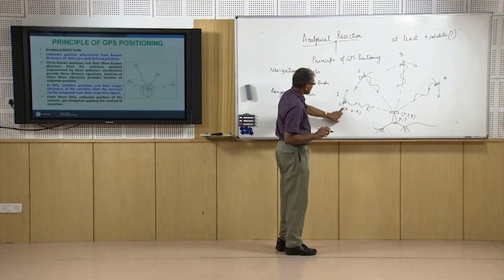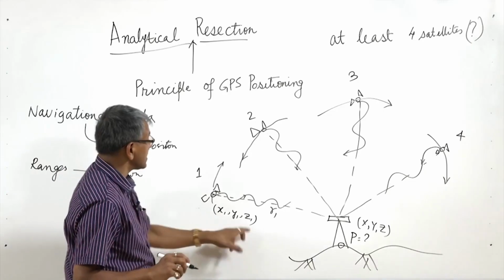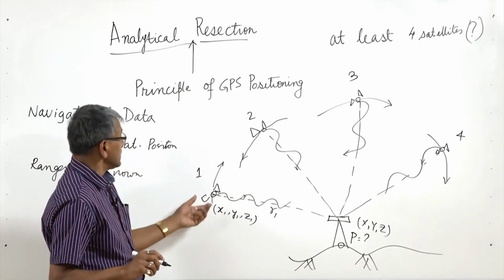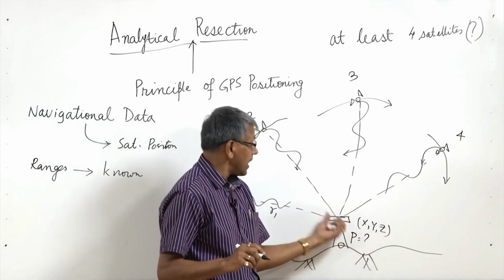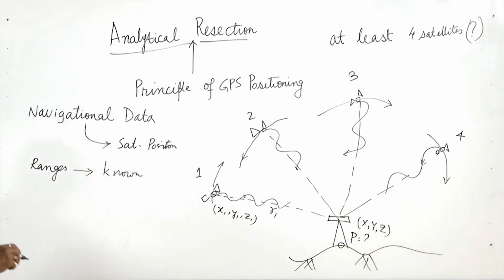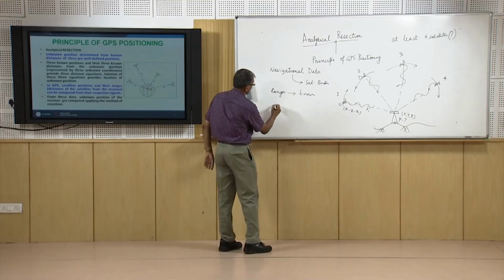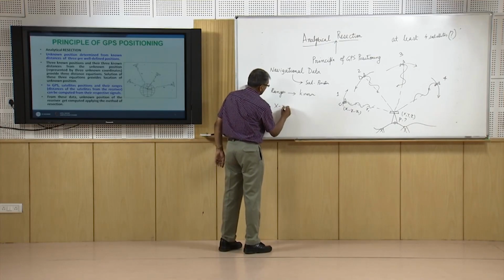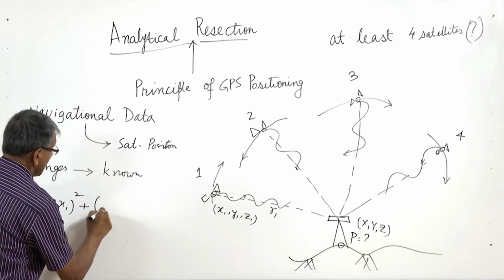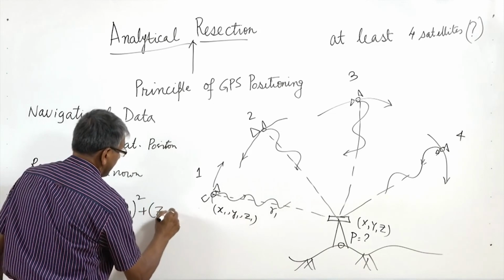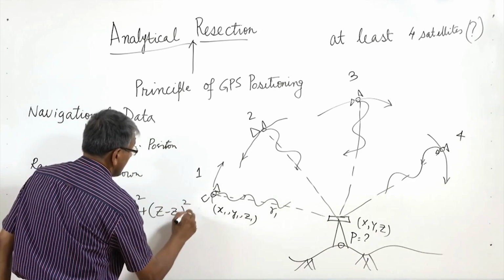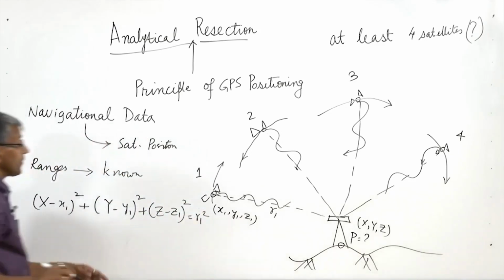Now, if x1, y1, z1 is the location of satellite number 1 and x, y, z is the unknown position, from the distance equation we can write it like this.